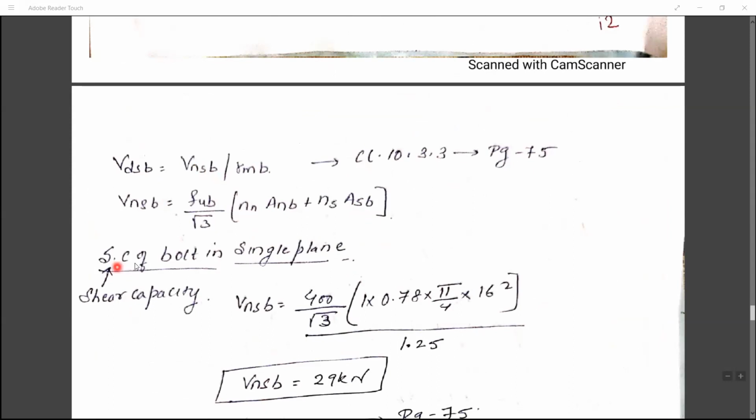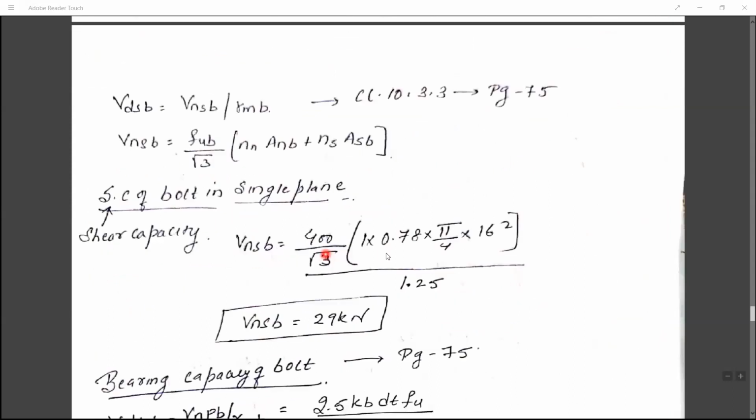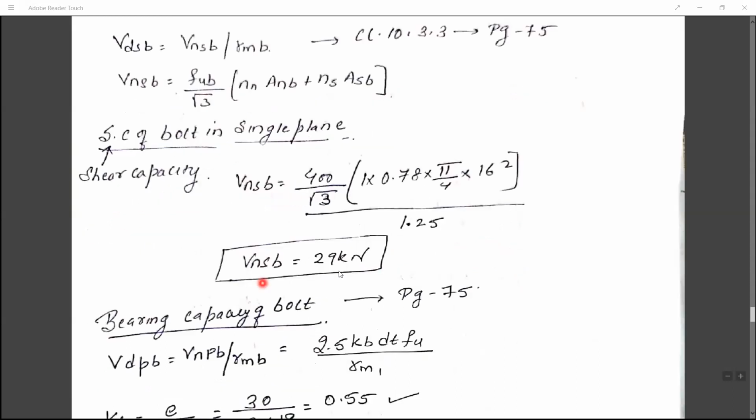The shear capacity of the bolt in a single plane, VNSB, is 400 by root 3 into 1 into 0.78 pi by 4 into 16 square, divided by 1.25. This is our partial safety factor from table number 5, page number 30. So VNSB is equal to 29 kilonewtons.